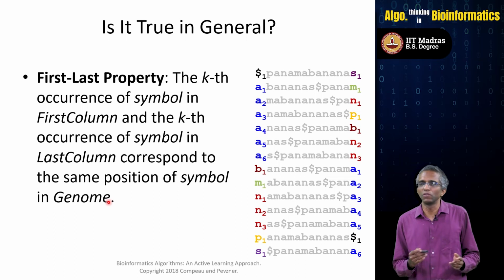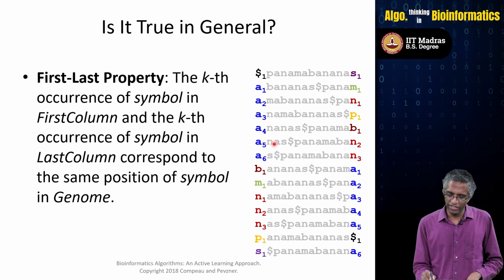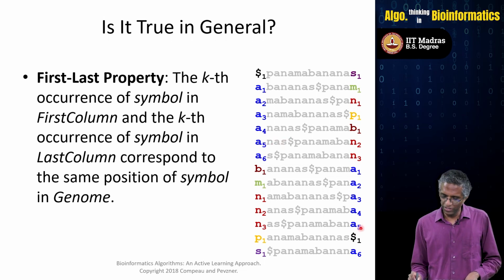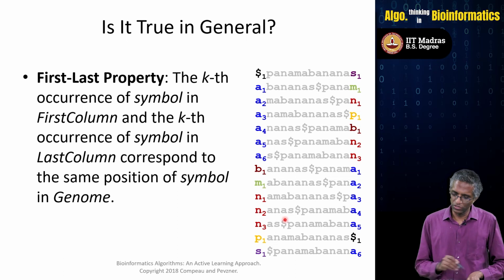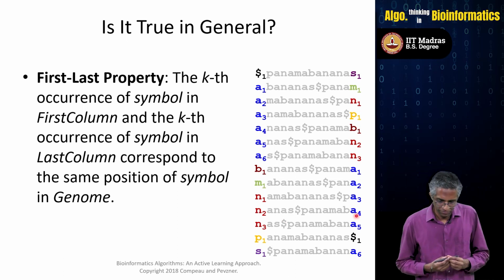This is what we have always been saying. So A5 here is the second A from the end, ANAS dollar, and the A5 in the last column here is also the same, ANAS dollar. That corresponds to the second A from the dollar sign. Those two are exactly the same position in the genome.